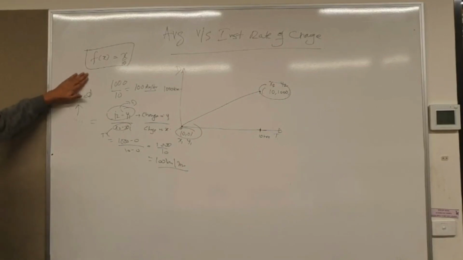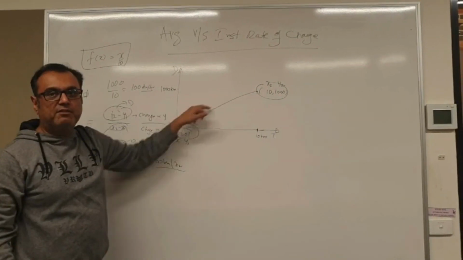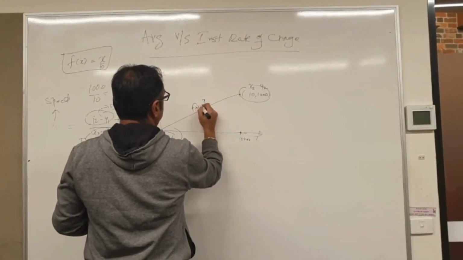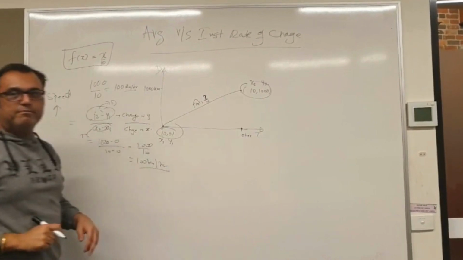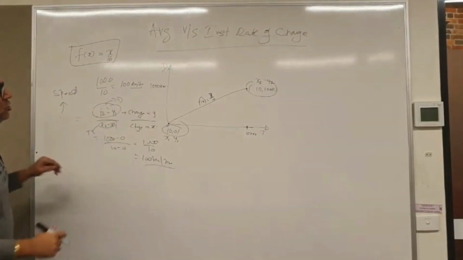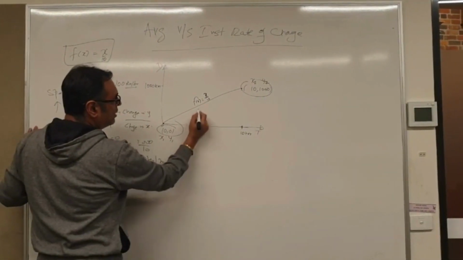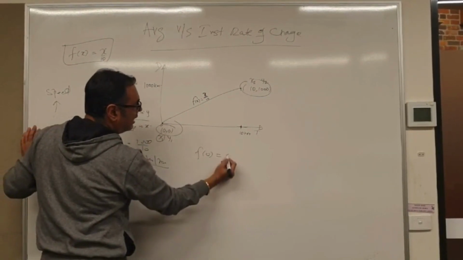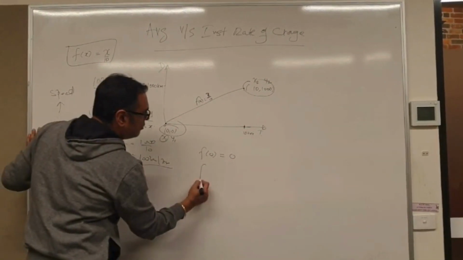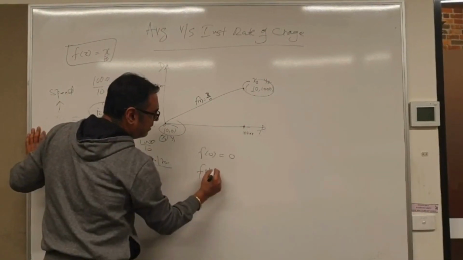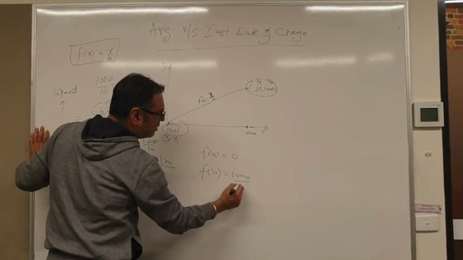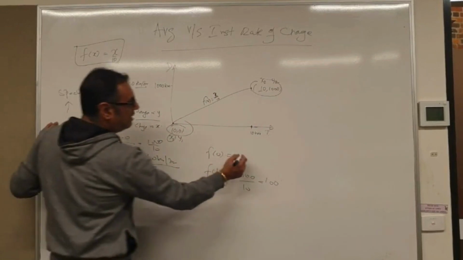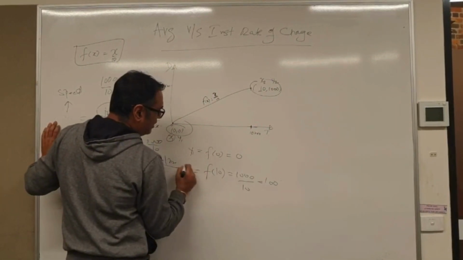Let's say this was my function of the line, the function itself, for which I've plotted this graph. So for 0, f of 0, which is the x1, I have 0. For f of 10, I have 100. So that is the y value, y1, and that is y2.